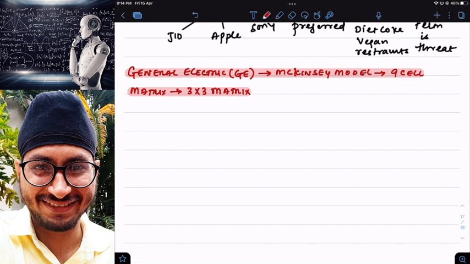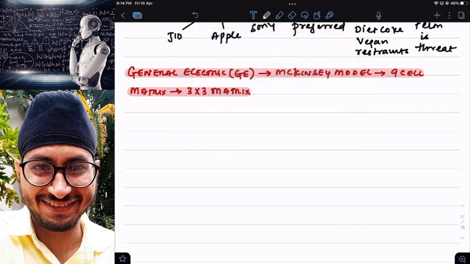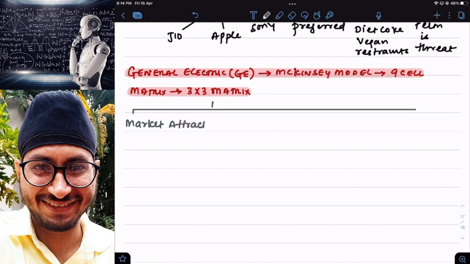Sir, if I want to clear this matrix, two components are there. There are two components in this matrix. Number one is market attractiveness. And second one is market share. Clear?